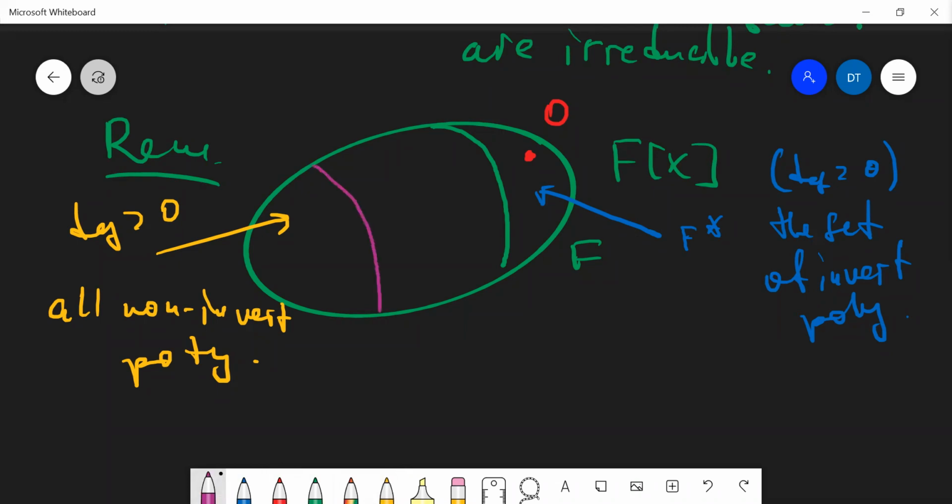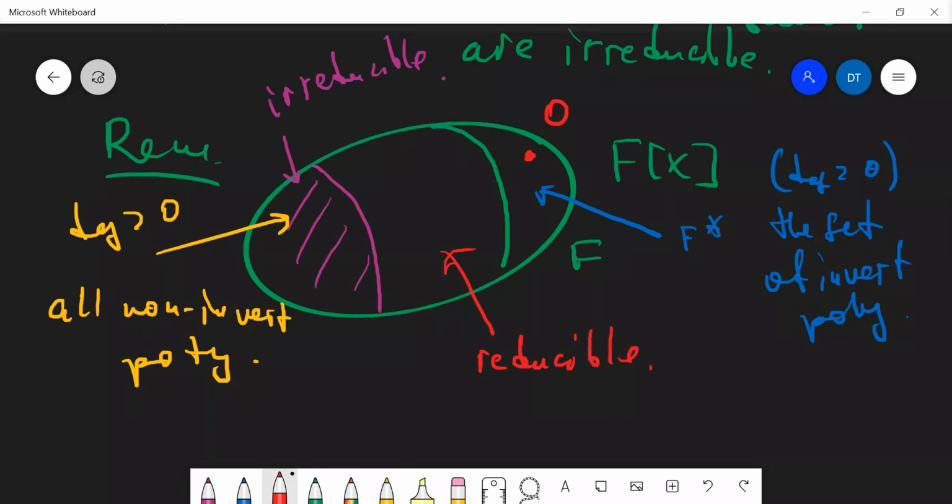There are irreducible ones and reducible ones. So these are different types of polynomials in a polynomial ring. You cannot factorize irreducible polynomials, but you can factorize reducible ones.